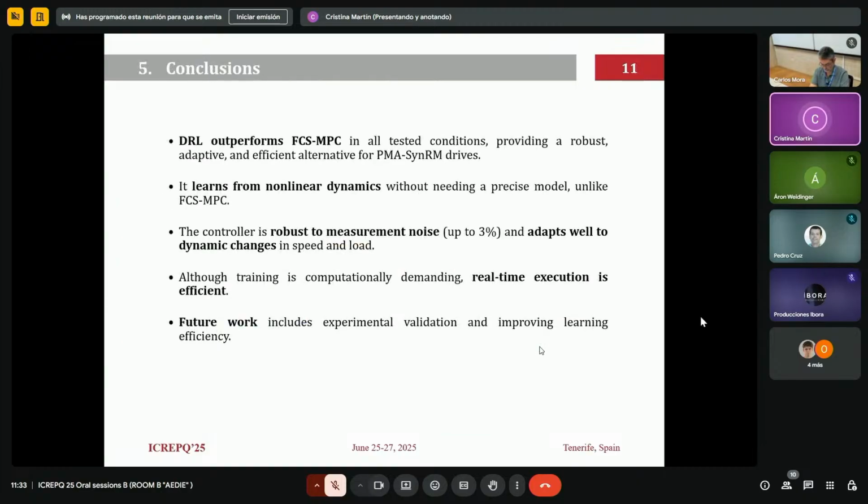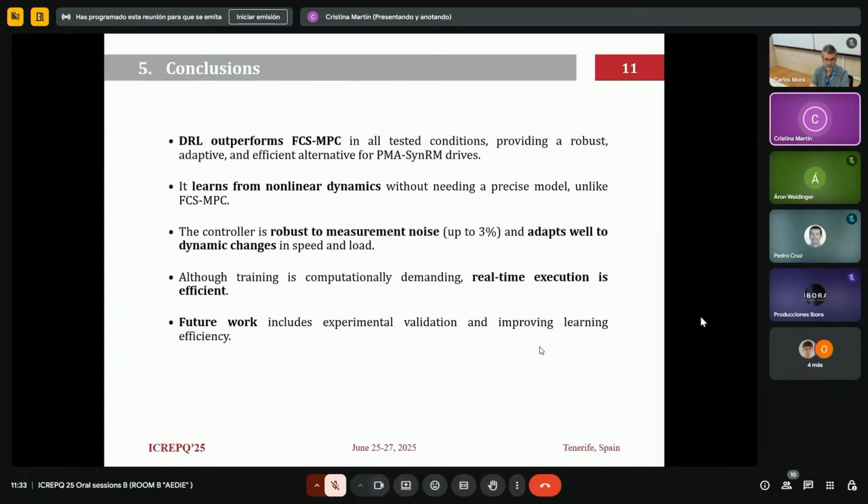In conclusion, we can say that the proposed controller provides a robust, adaptive, and efficient alternative to the classical FCS MPC for this type of drives. And the reason is that it learns from nonlinear dynamics without requiring a precise model. Also, it maintains a good accuracy under sensor noise and dynamic conditions.